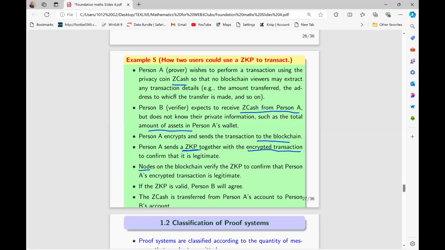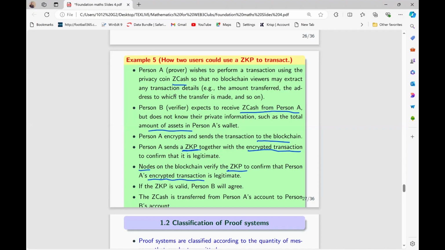So now the nodes on the blockchain will then verify that this zero knowledge proof that was provided by person A is legitimate, and therefore person A's encrypted transaction is also legitimate.